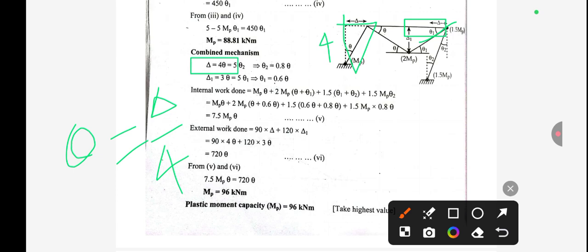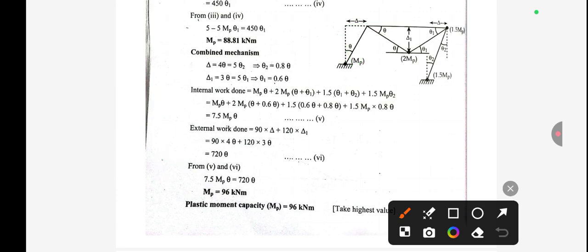Okay, so first let us calculate the external work done. If we calculate the external work, we have two different external loads. So the first one is due to this in the middle part, that is 120, acting from upward to downward. So 120 into this delta 1.